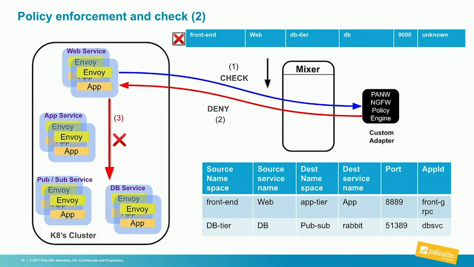Similarly, Envoy will make the call to the Palo Alto Networks adapter to say, hey, I have this kind of access pattern happening. Is this sanctioned? Clearly, it's not, because we don't have any rule which says that the web service in the front-end namespace can access the DB tier. So consequently, this access is denied.